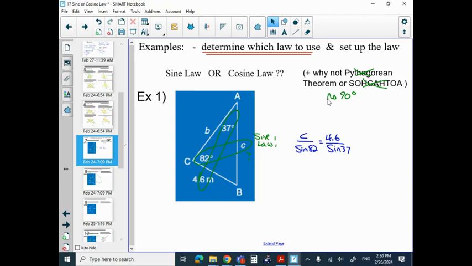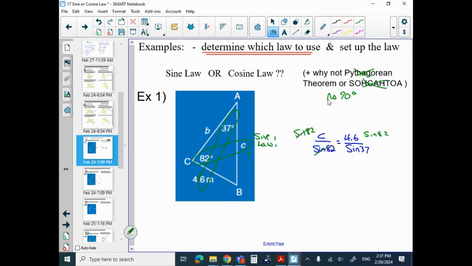So that sets up the sine law ratio the right way, and then we just have to multiply by sine 82. To undo that, divide by sine 82. So we'd have C equals all that stuff.